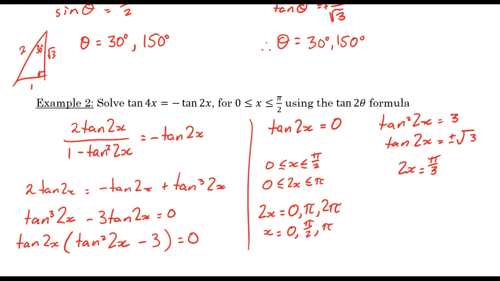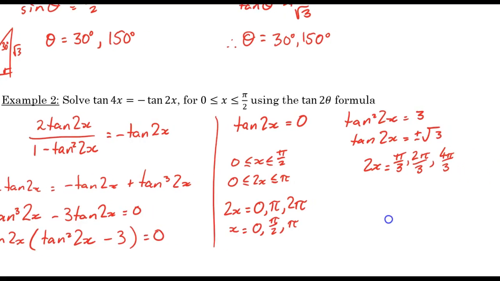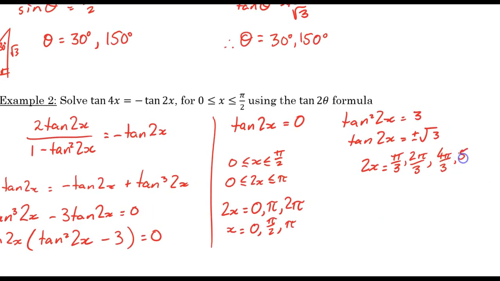Again, this is going to take in all 4 quadrants. So pi on 3, 2 pi on 3, 4 pi on 3, and 5 pi on 3 means that x is, right, I might just add it to the ones over here.